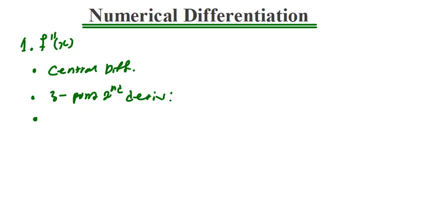Even the 5-point second derivative, like the midpoint, we also use it. It gives you a lot of accuracy, but you just have to ensure that you have a lot of data points. Okay, so that's the idea regarding data symmetry under numerical differentiation.